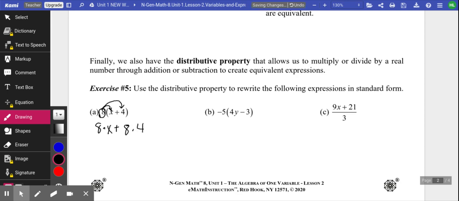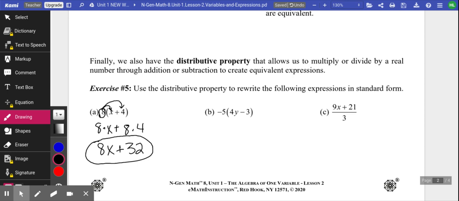And 8 times x is 8x. 8 times 4 is 32. So 8x plus 32, and you're done at that point. You can't combine these two because they are apples and oranges. If you remember from last year, fruit salad, you can't combine them if you're adding.